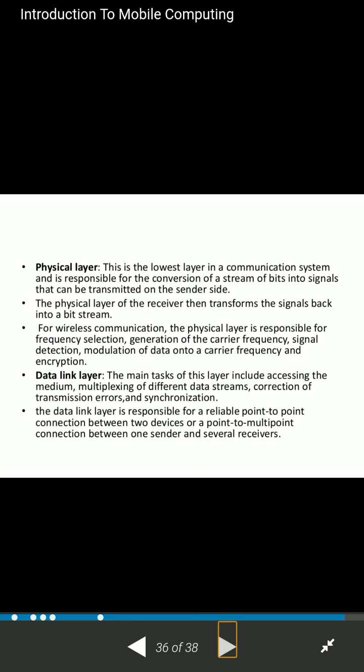And in the data link layer, mainly what happens is correction of transmission errors, and it is synchronizing whatever messages we are sending, synchronizing any network connections and data connections.